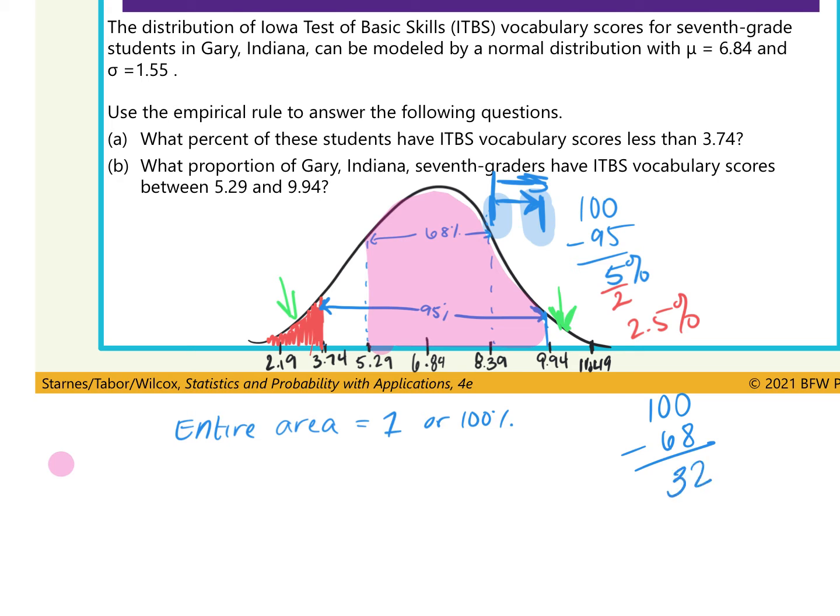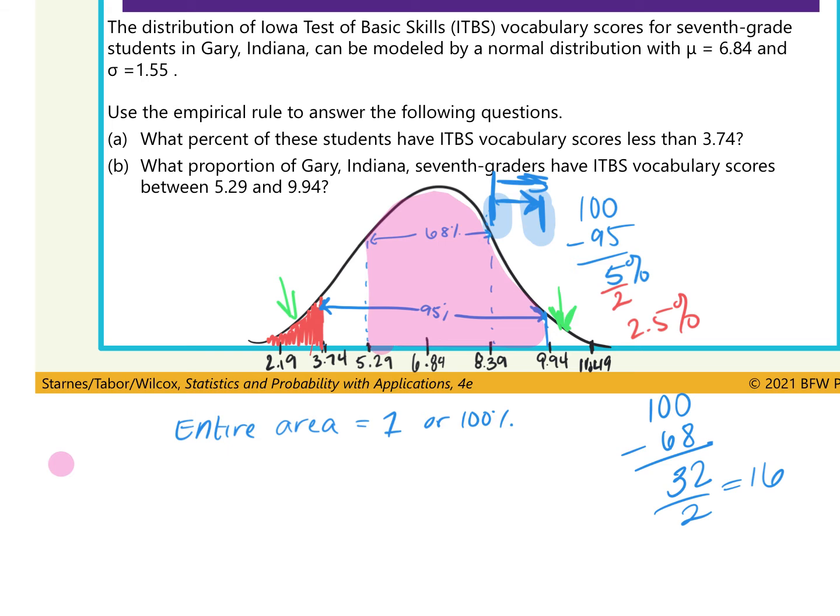Now that's on both sides, right? The proportion above 1 standard deviation on either side, I've got to divide by 2, which gives 16.